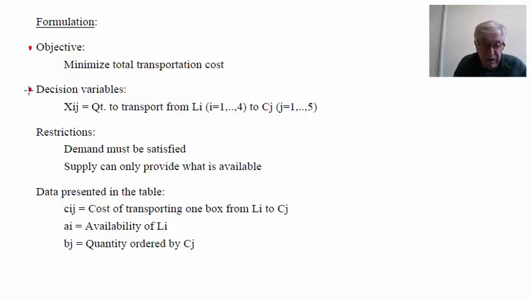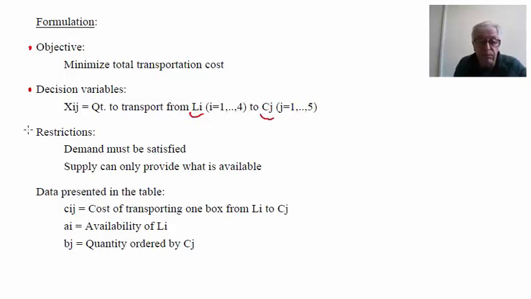Then we need to identify the decision variables. Well, we also already illustrated that we want to define the quantity that should be transported from supplier or laboratory i to customer Cj.